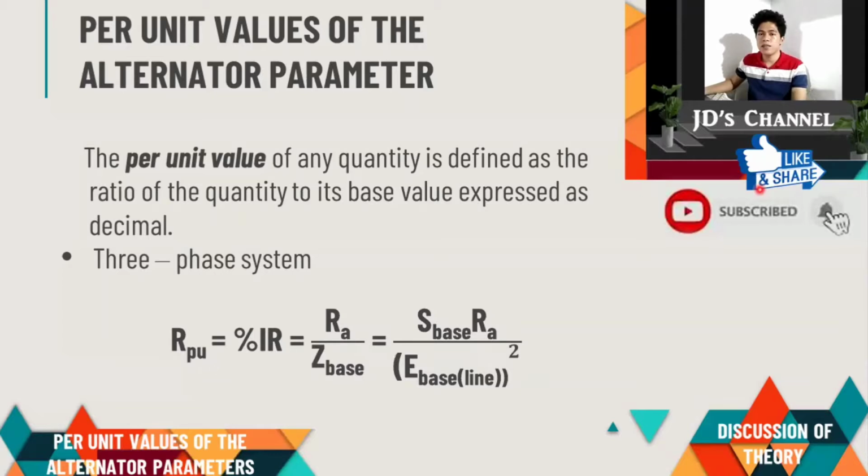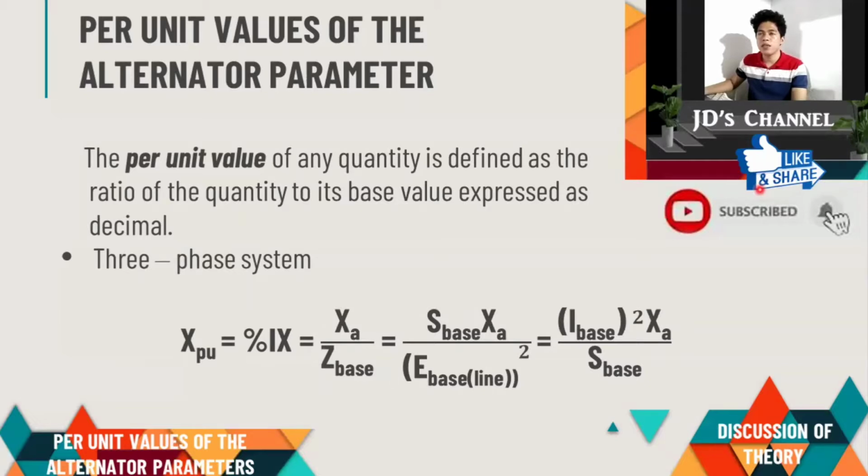For a three-phase system again, to get the per unit resistance or the percent resistance, it is equal to armature resistance per phase over Z base. Equal also to S base multiplied by armature resistance per phase over E base quantity squared.